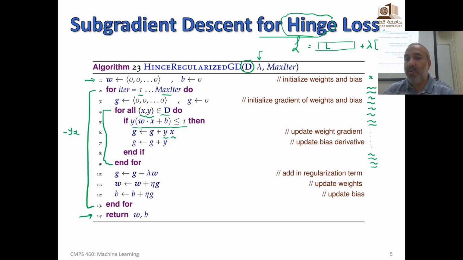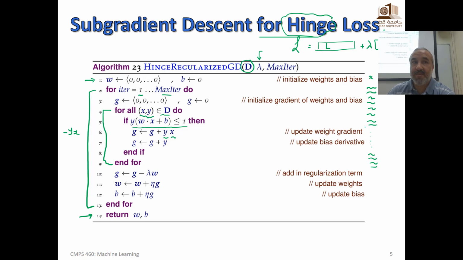For every example we will see what the predicted value is, then multiply it with the actual label and see if it is less than or equal to 1 or not. If it's less than or equal to 1, then we should update the weights and the bias, so we will have a new value for the weight and a new value for the bias. If y hat is greater than 1, then we will not update the weights and the bias. And we should do that with every example.